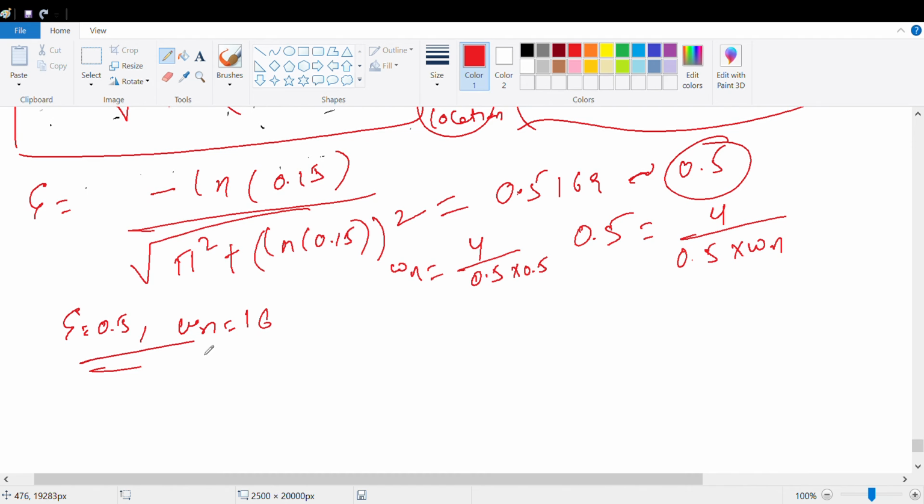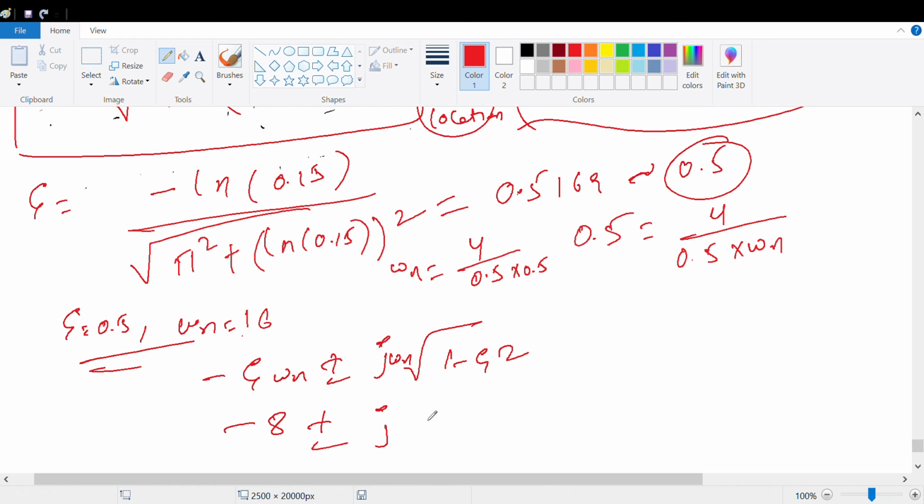Therefore the pole's location is minus zeta omega n plus or minus j into omega n square root of 1 minus zeta square. So zeta omega n is 16 by 2, it becomes 8. 16 multiplied with half, into j omega n, which is 16 square root of 1 minus 0.5 square.